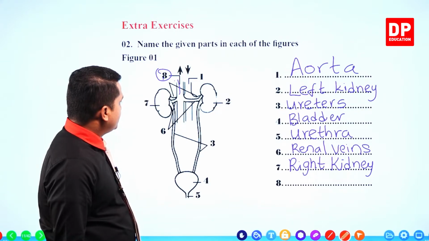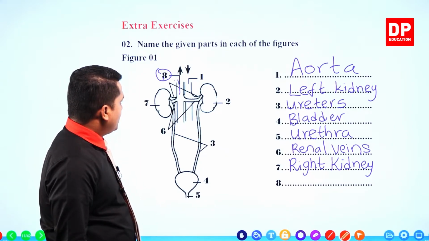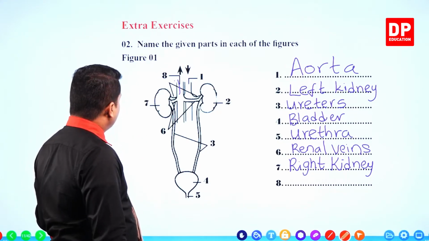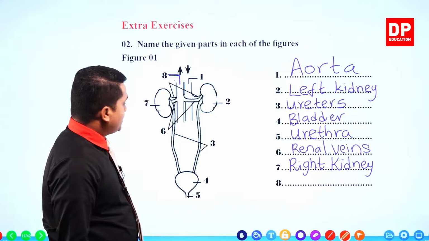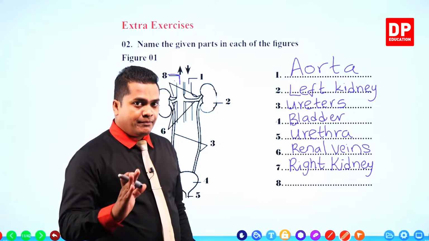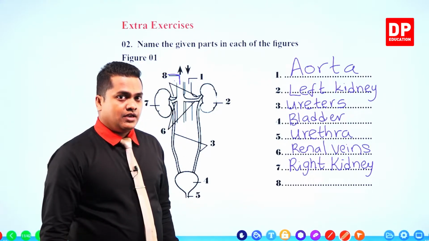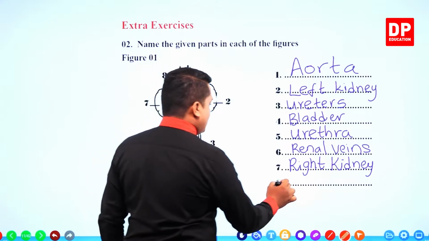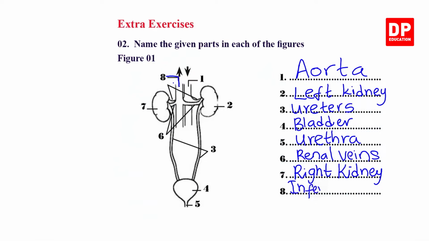Number 8 is the part through which the blood is flowing out from the kidney. It's not the renal veins. Renal veins are getting connected to number 8. So this is called the inferior vena cava.